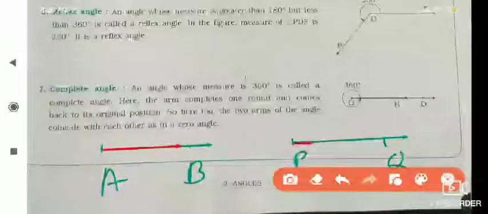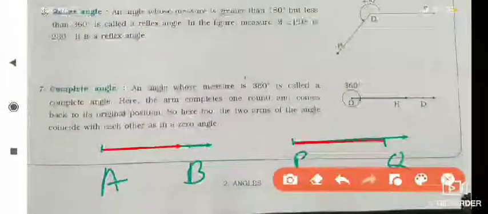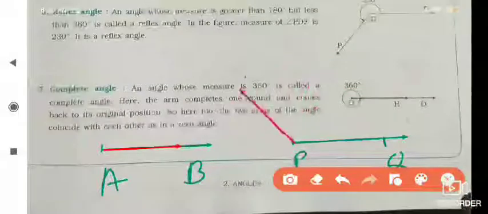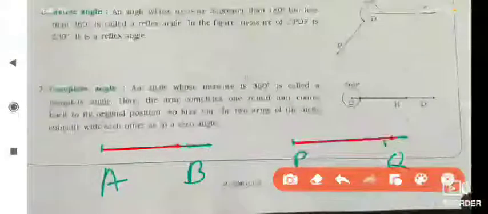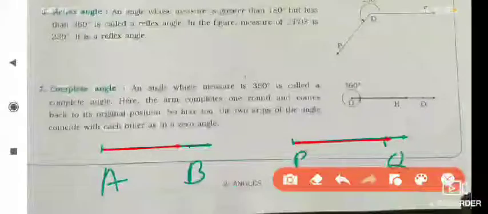But when we are taking this PQ angle, this is the second arm of the angle, and if it rotates through all 360 degrees and comes back onto the first arm again, it overlaps, and then this angle is called a complete angle.